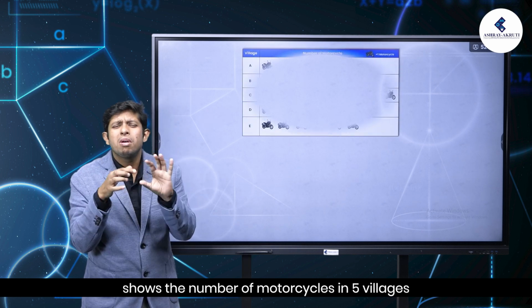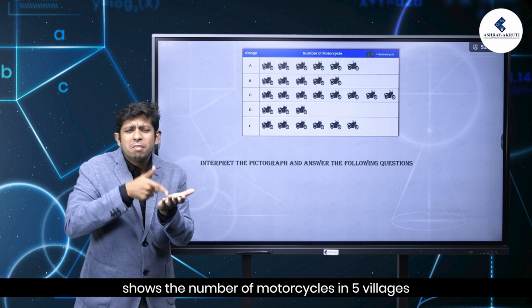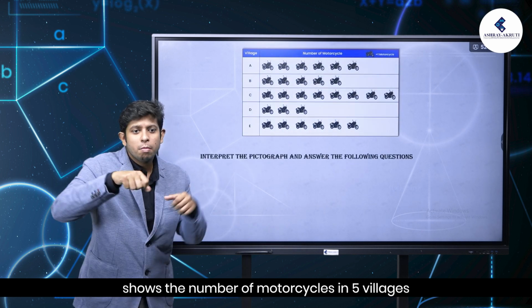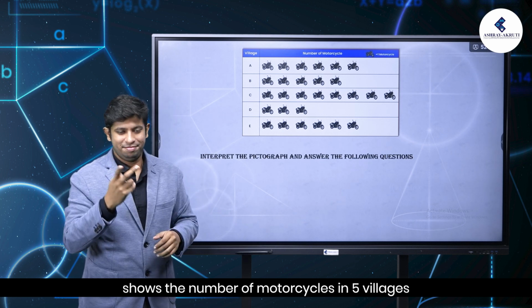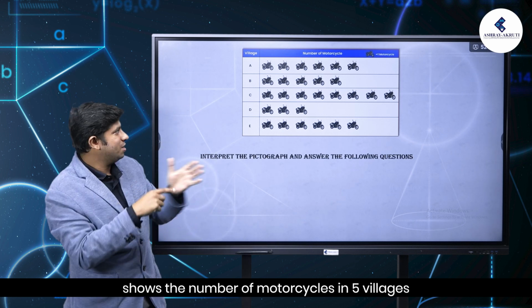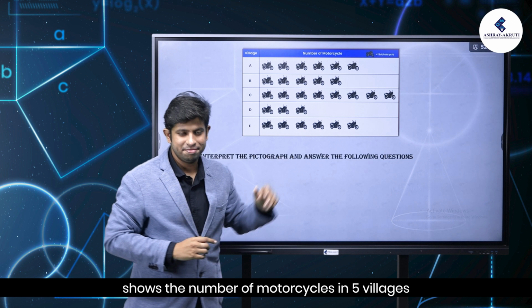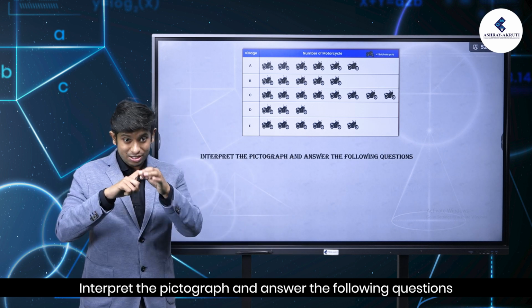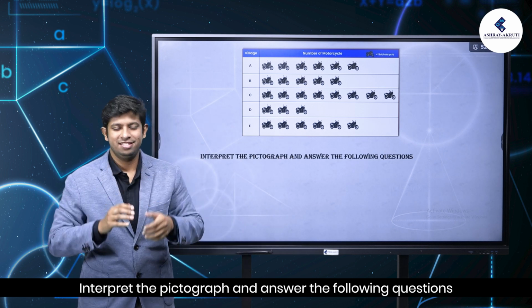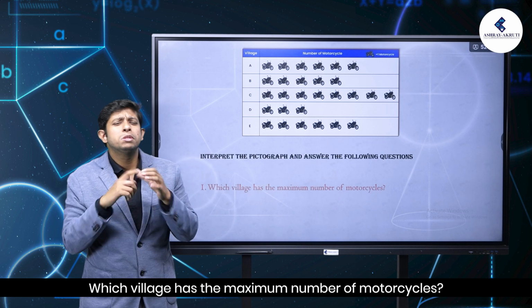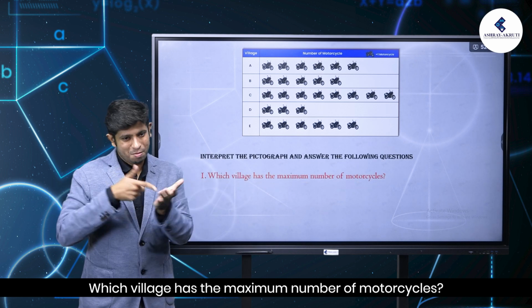The following pictograph shows the number of motorcycles in 5 villages. Interpret the pictograph and answer the following questions. Which village has the maximum number of motorcycles?